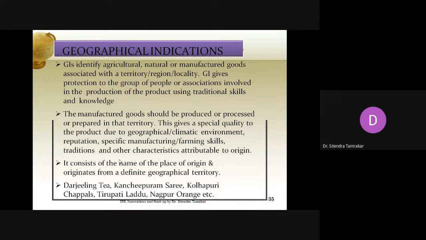It consists of the name of the place of origin and originates from a definite geographical territory, like Darjeeling tea, Kanjipuram sari, Kolhapuri chappal, Tirupati laddu, and Nagpur orange. I think you will understand better with these examples, because we have seen these things and tasted a lot of them.